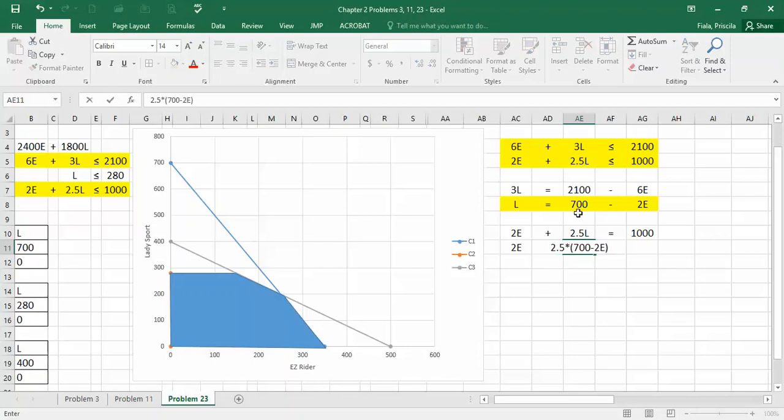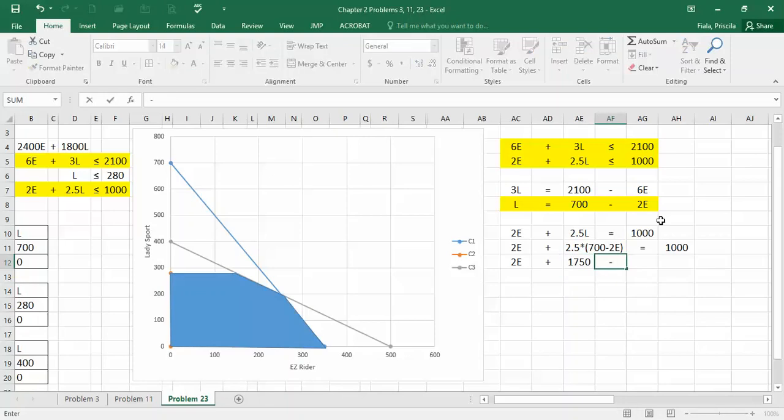I got these values from over here where L is equal to, so I'm multiplying 2.5 times these values. Then equals 1,000, correct? So now we're gonna do 2E plus 2.5 times 700, and if you prefer you can do it like this to make sure you're on the right track.